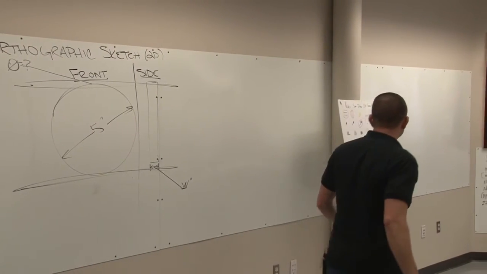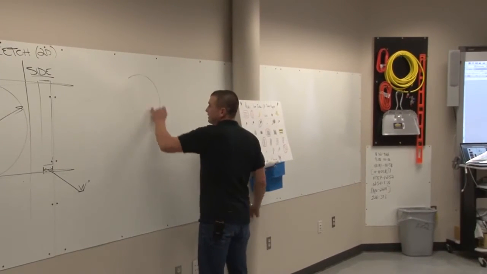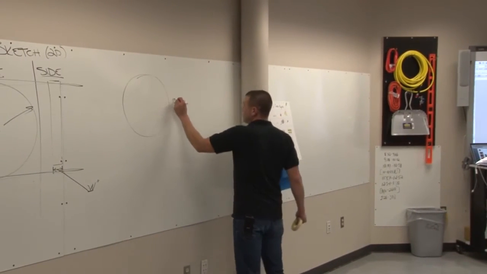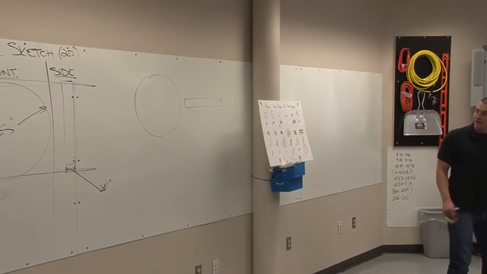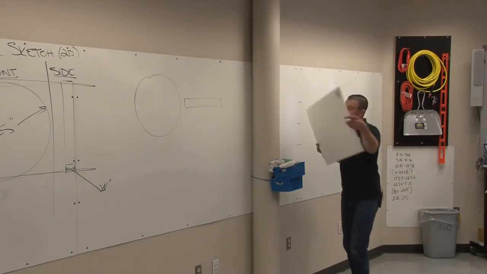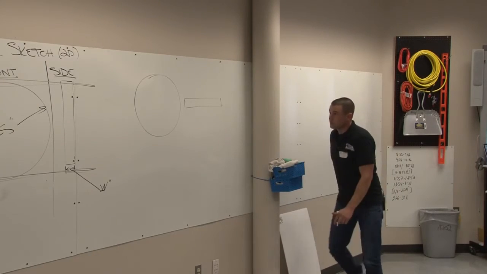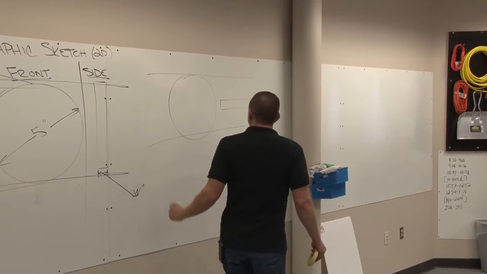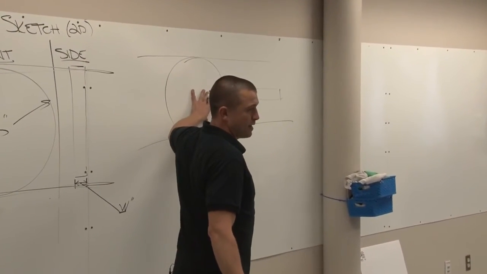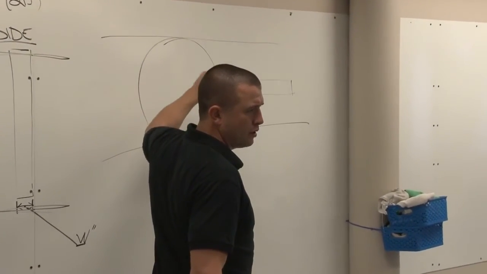But if I drew the two views like this, let's say I did one here, and then I drew the other view over here like that, does the picture have alignment anymore? No. So this is bad. We're not bad, but we don't want to do it like that.